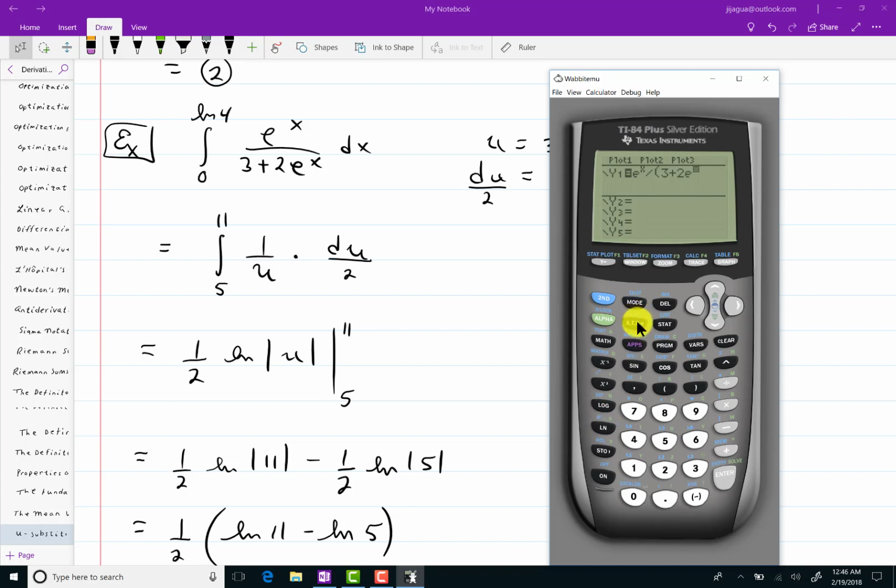So I got my e to the x. I'll come down from the exponent, finish my parenthesis. We're going from 0 to ln of 4. Well, ln of e is 1. So we're not going a large distance here. So I'll start with the zoom 6 and then see what happens.